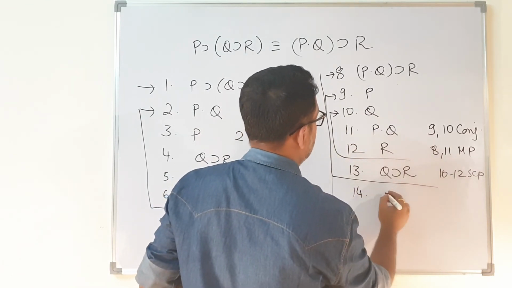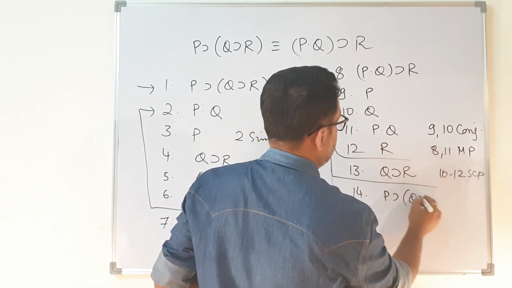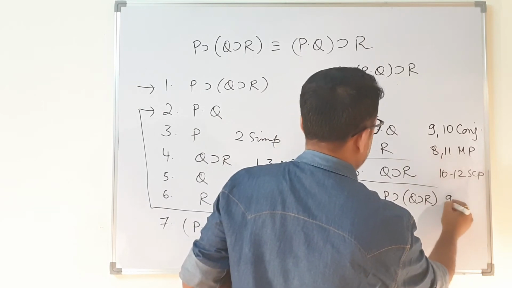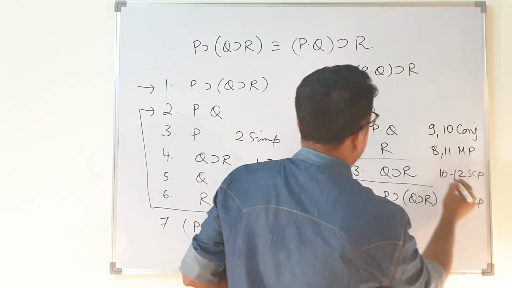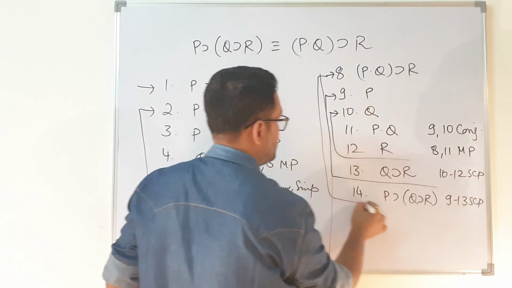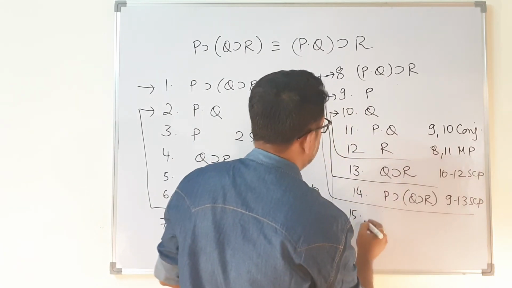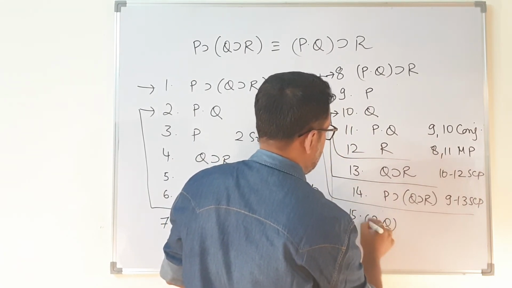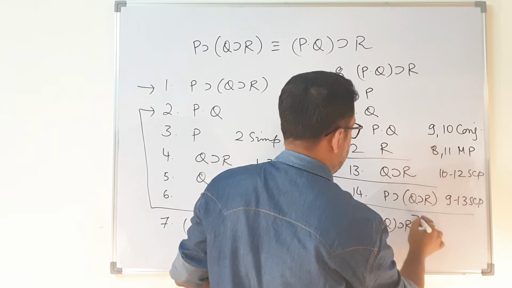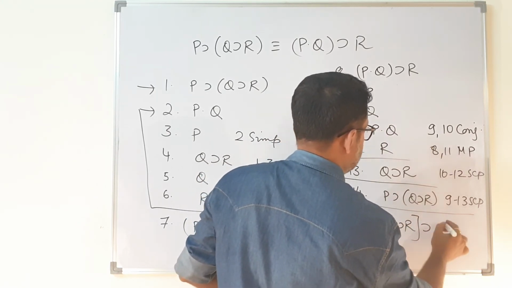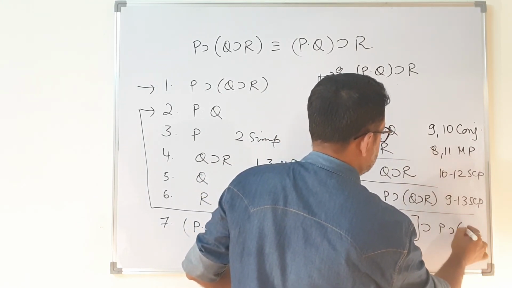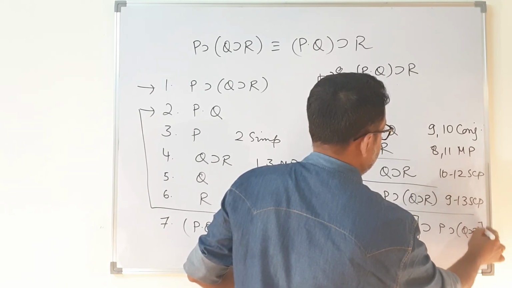So on line number 14, I will get P implies Q implies R. So this will be from 9 to 13 SCP, and then I will put this closure on line number 15. I will get P dot Q implies R implies P implies Q implies R, right?